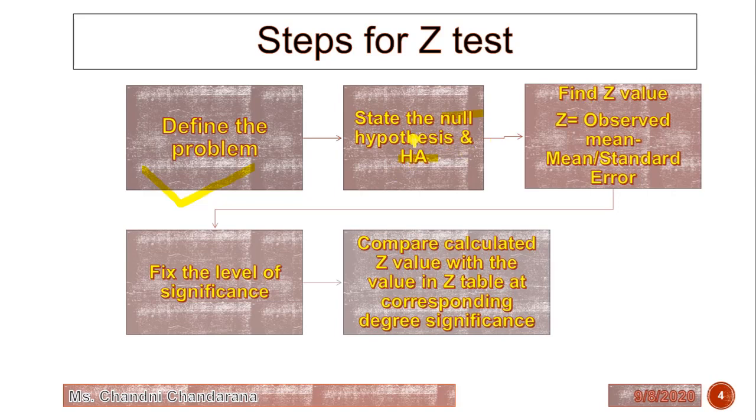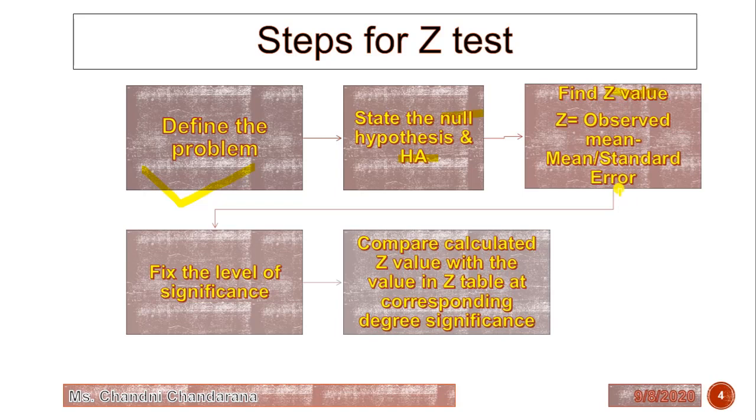After that, we can find the Z value. Z is equal to the observed mean minus the hypothesized mean divided by the standard error; this is the equation to find the Z value.